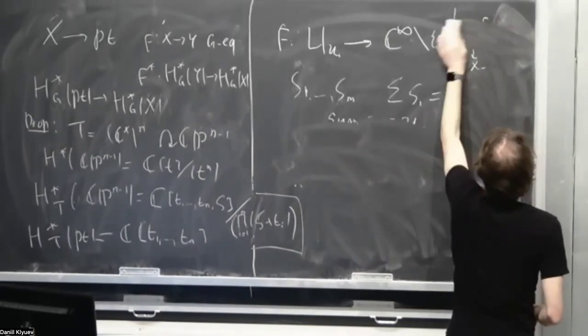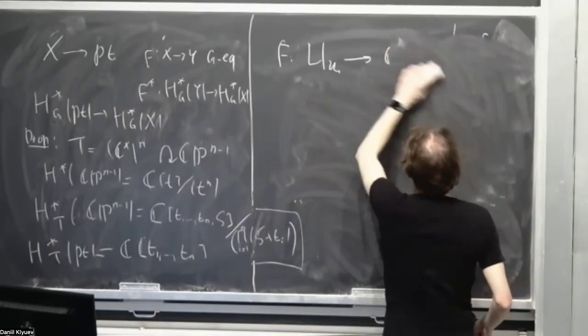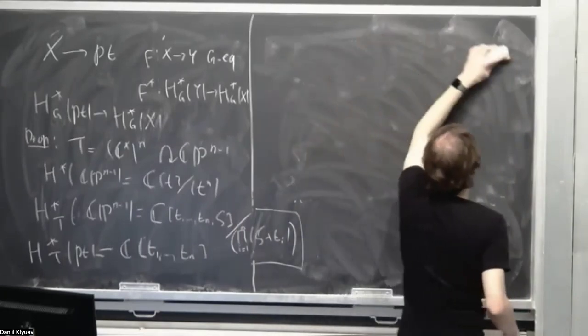Let's go to the third part, namely properties that are specific to reductive groups.